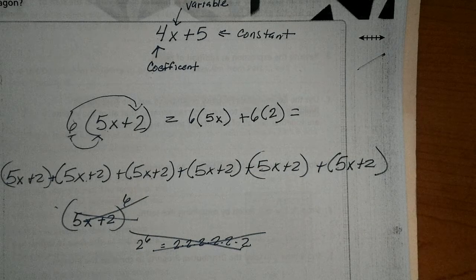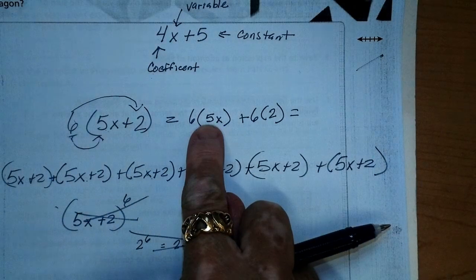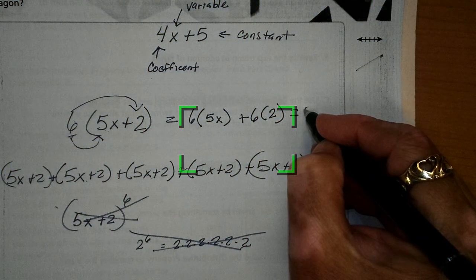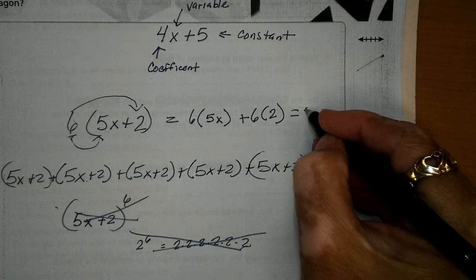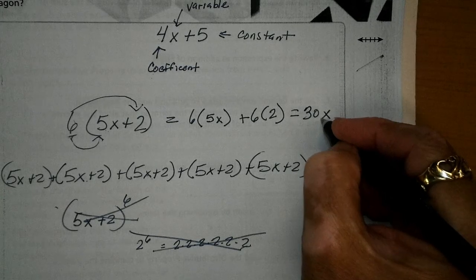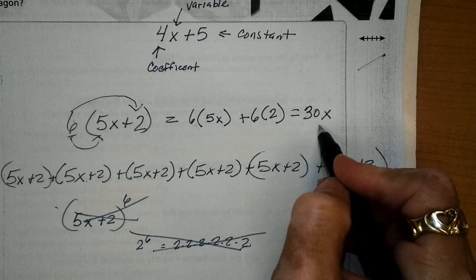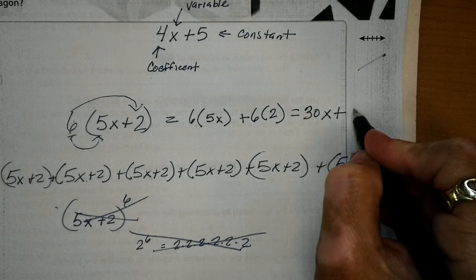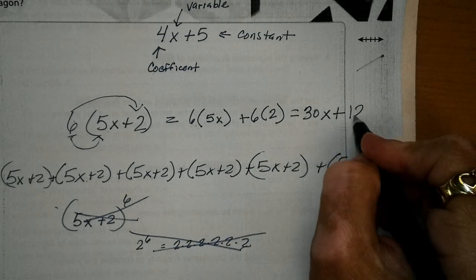And that would give me 6 times 5, which is 30x, because the x comes along for the ride, and then plus 6 times 2, which is 12.